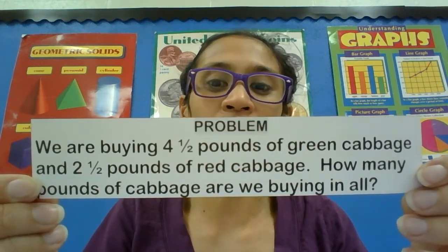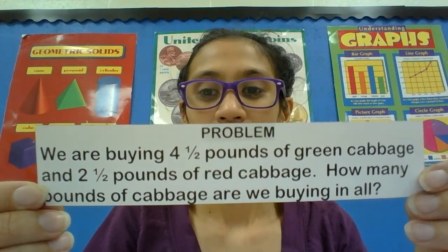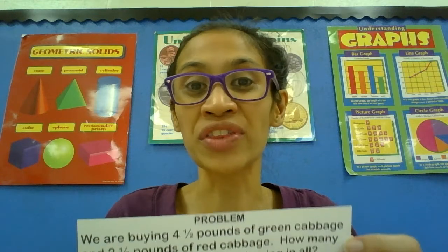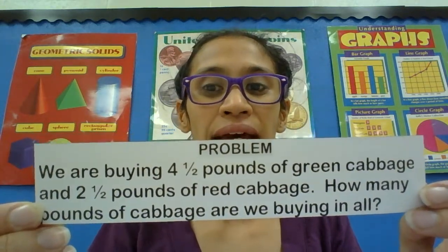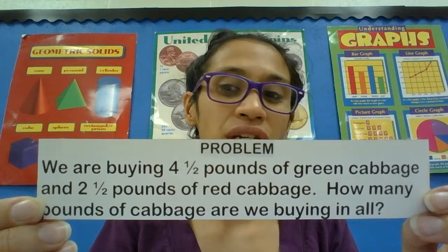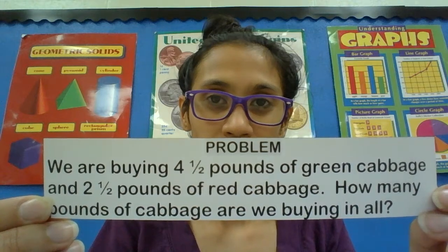How many pounds of cabbage are we buying in all? Are you good? Let me read that again. We are buying 4.5 pounds of green cabbage and 2.5 pounds of red cabbage. How many pounds of cabbage are we buying in all? All right. It's question number 3. And in the next video, I am going to show you pictures, okay?